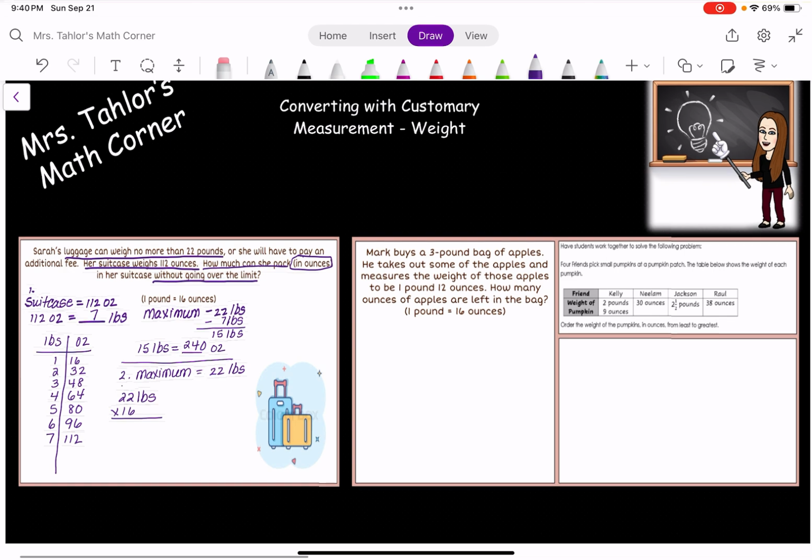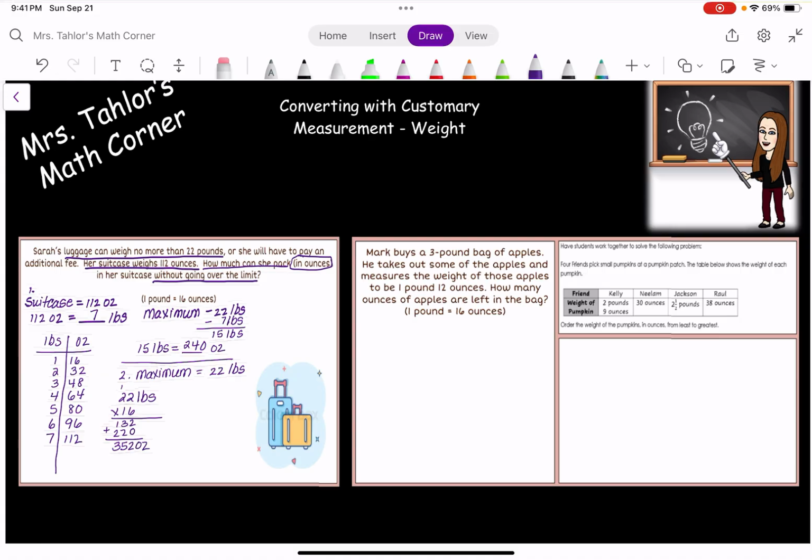So 6 times 2 is 12. 6 times 2 is 12 plus 1 is 13. Put down my 0. 1 times 2 is 2, and 1 times 2 is 2. And when I add the partial products of 132 and 220, I get 352 ounces.